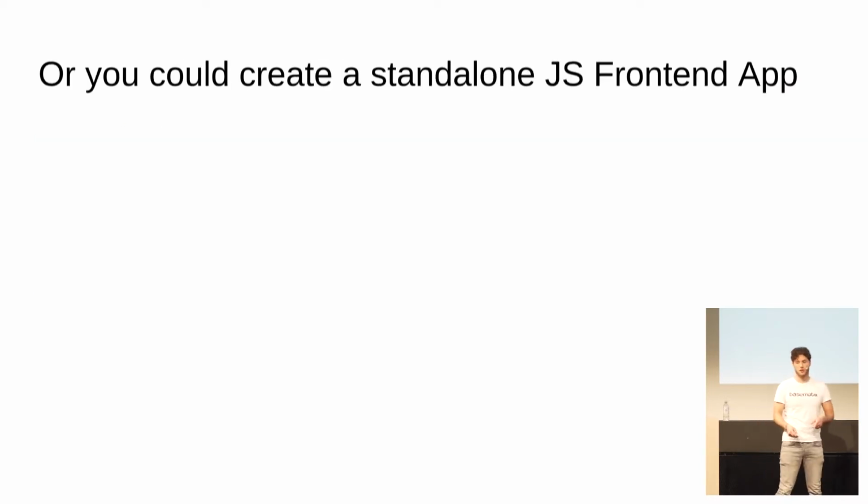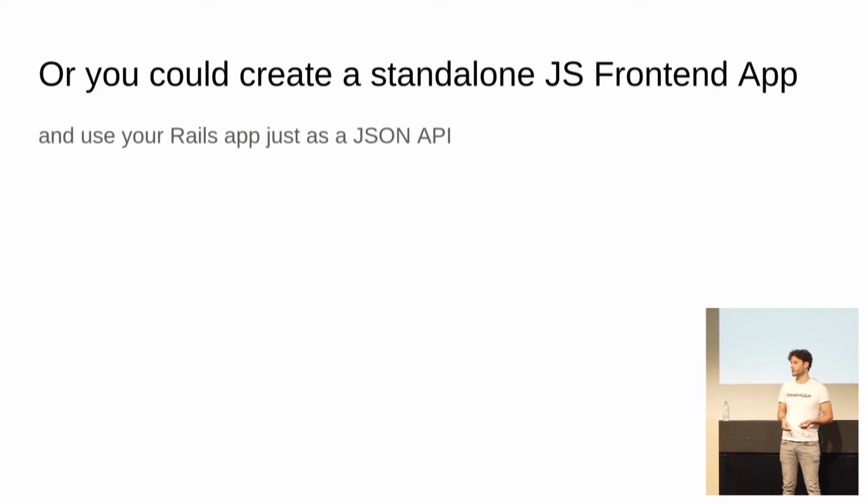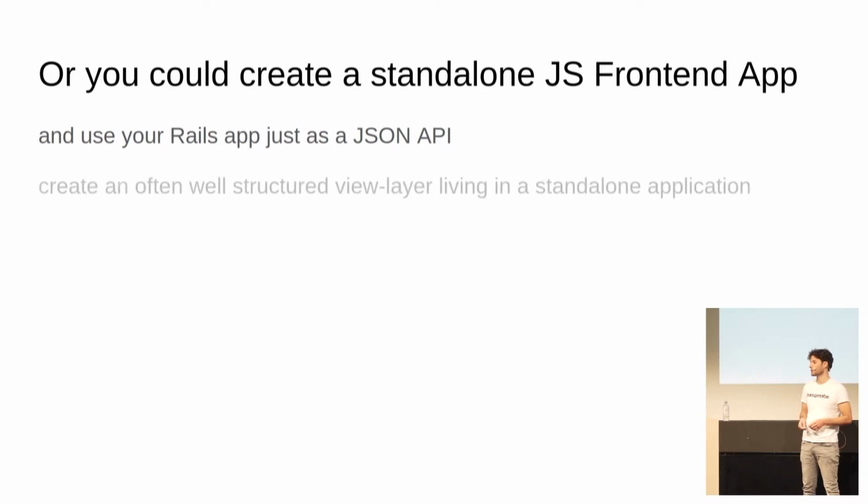Or you use the modern approach and create a standalone JavaScript application using one of the major JavaScript frameworks. Then you often use Rails just as a JSON API and do all the rendering on your JavaScript application.